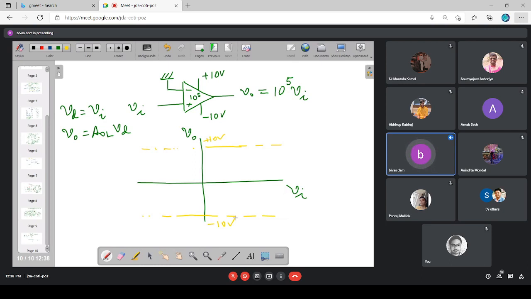At which input voltage will the output reach plus 10 volt? 10 to the power minus 4 volt, so plus 0.1 millivolt. Yes, sir. And when will it reach minus 10 volt? Similarly, minus 0.1 millivolt.